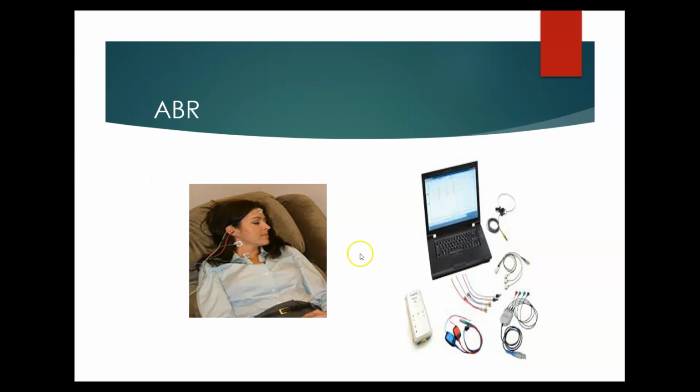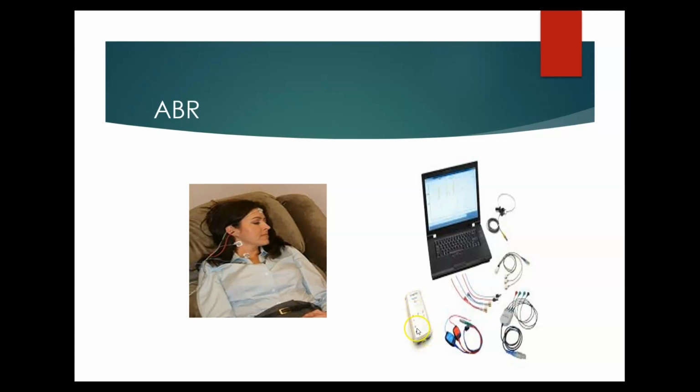Okay, so the equipment is kind of similar to the ECoG. We have a computer that monitors the ongoing EEG, and we have electrodes that are here, and those electrodes plug into this monitor here.